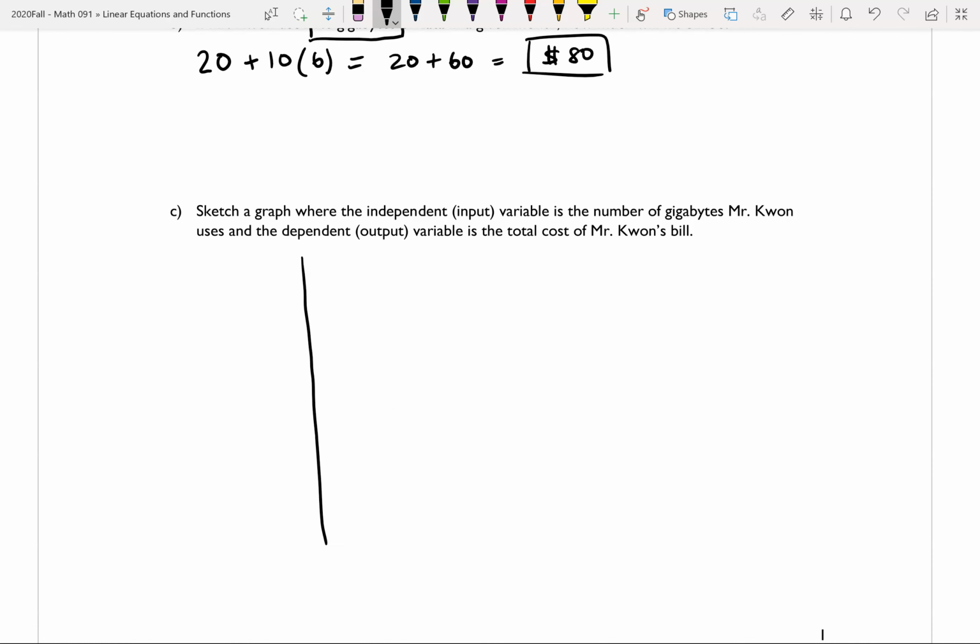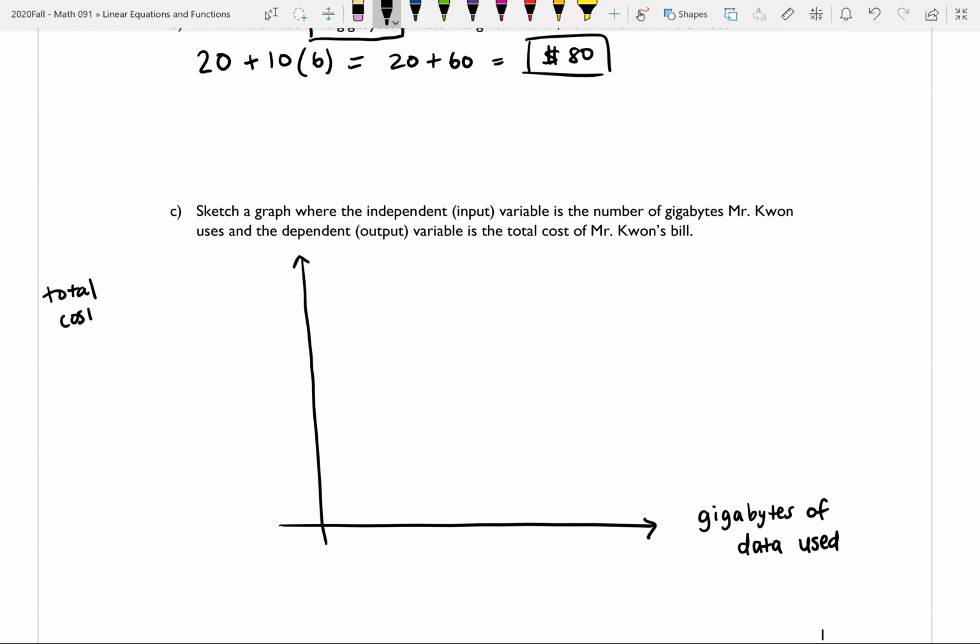So let me plot my axes really quick. And we know that the horizontal axis is gigabytes of data used. And our vertical axis is total cost of bill in dollars.